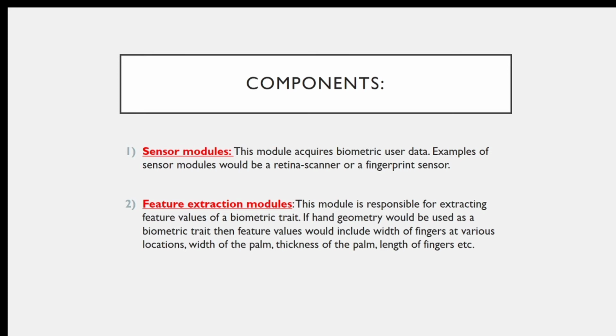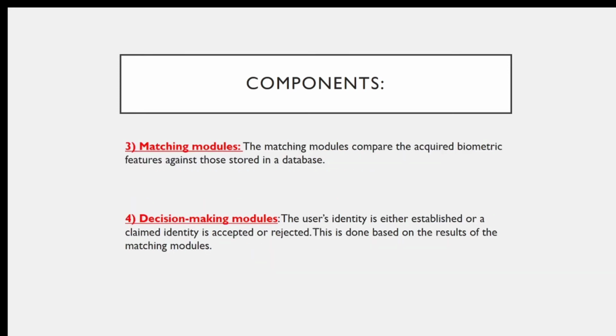So it will extract all the traits of that biometric characteristic. Next is the matching module. Whatever traits are extracted will have to be matched against the stored database. So the matching module matches the extracted features with the already stored database.